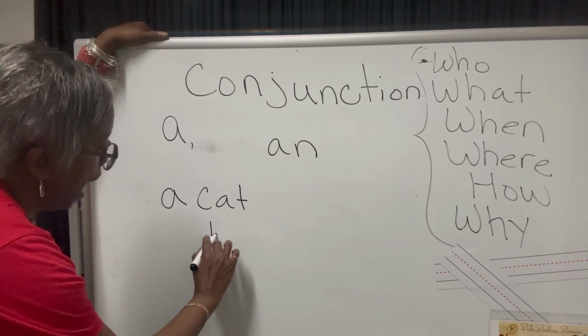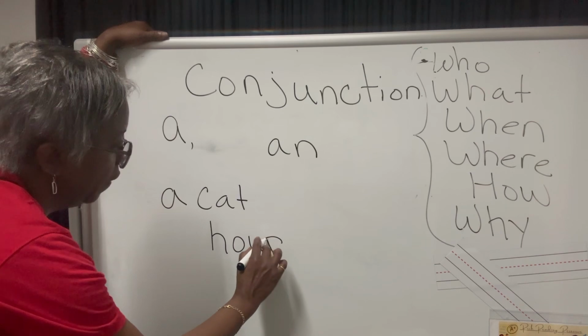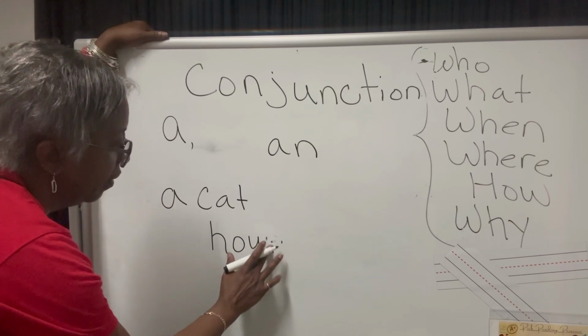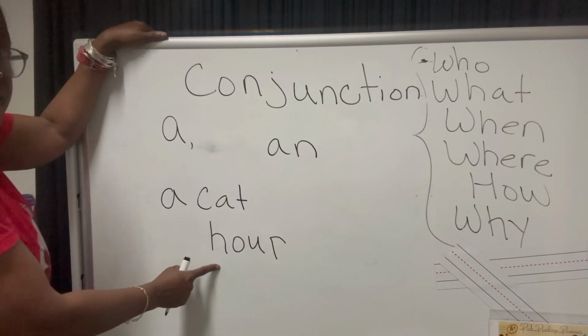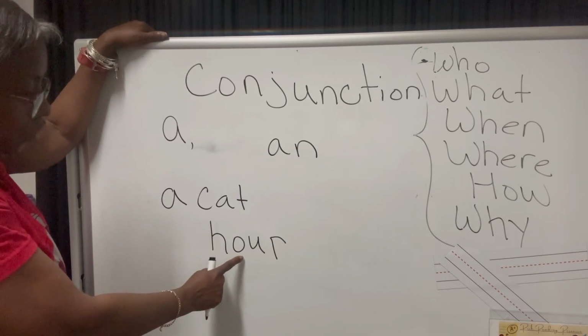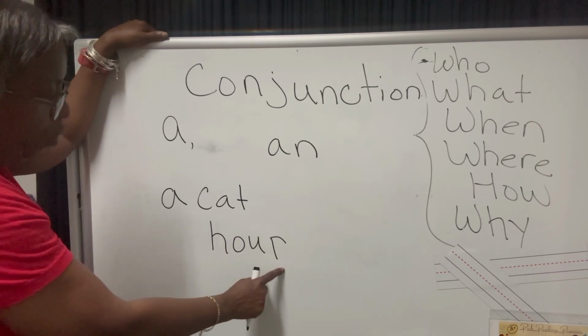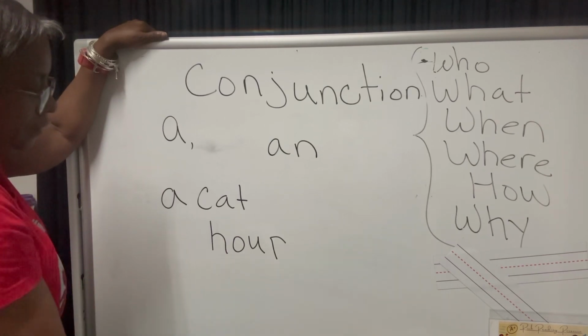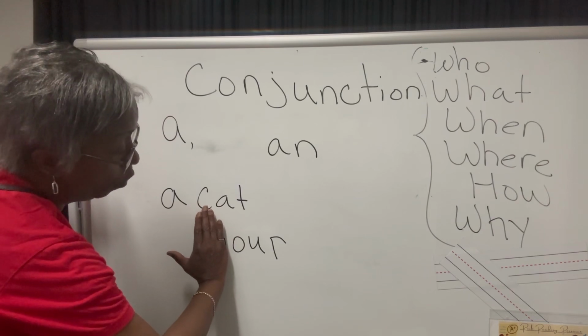If I use hour, my flight takes off in 1 hour, right? That H is silent. You hear the O, hour, hour. And if I take the H off, that's the word hour, right?